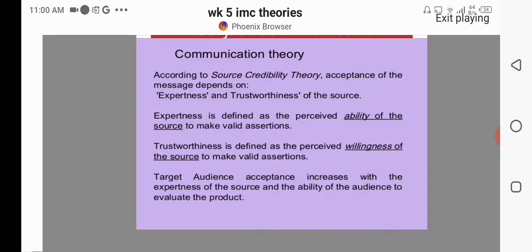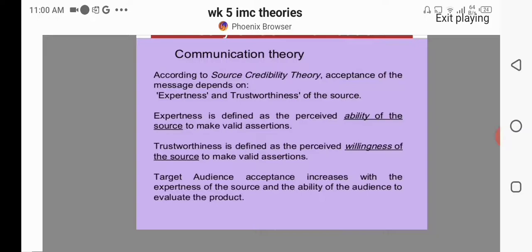Trustworthiness is defined as the perceived willingness of the source to make valid assertions, and target audience expectations increase with the experience of the source and the ability of the audience to evaluate the product. That means the message sent to the consumer will have a healthier effect on the consumer when the source is expert in their products and trustworthy.